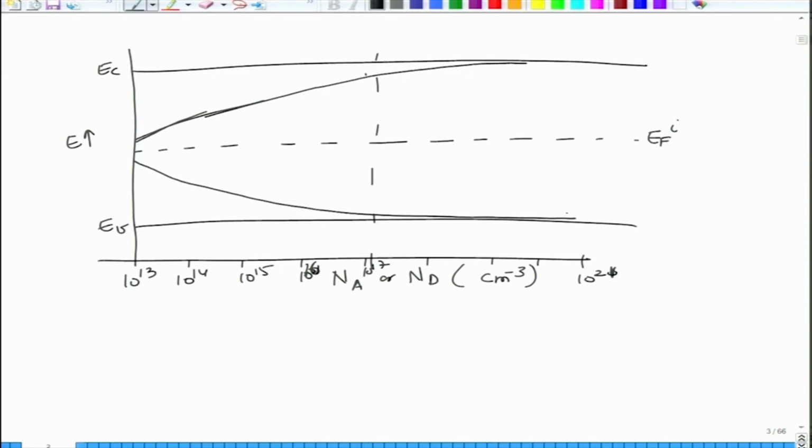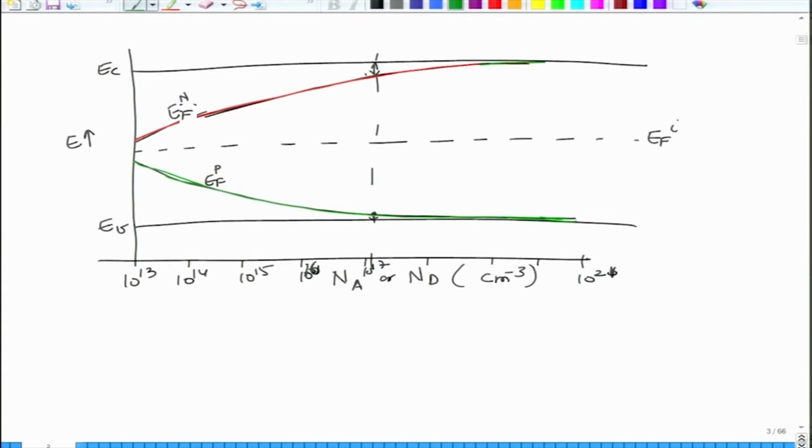So, you can see that at very high doping level, the Fermi level, so this is EFN and this is EFP, and this would be for the P type, okay. So, you can see that as it approaches high doping levels, it tends to touch the conduction band, which means it becomes like a metal, okay.